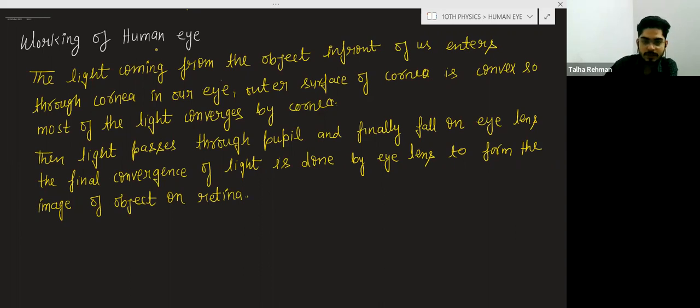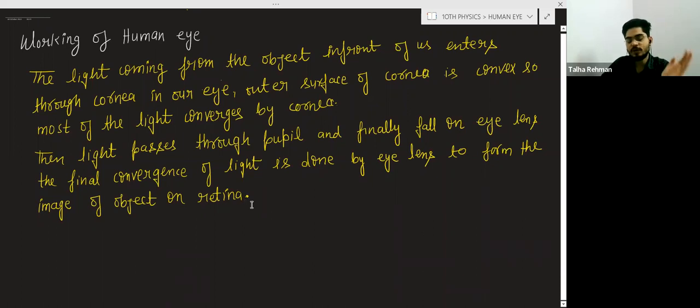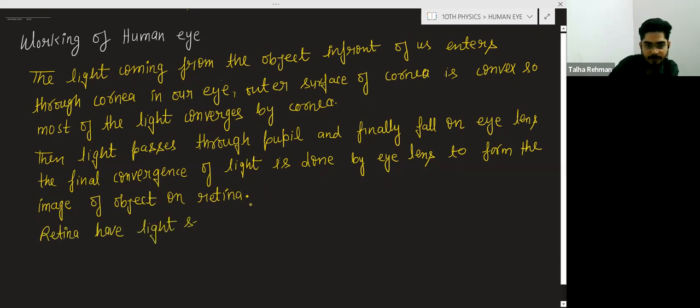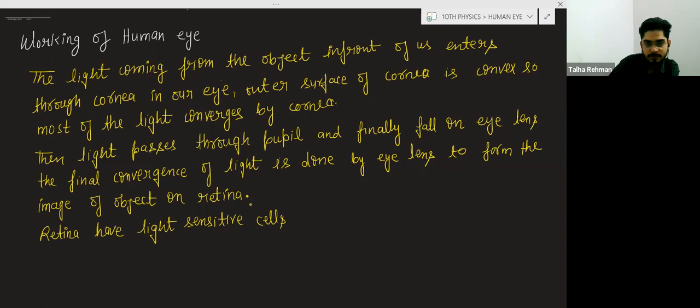Now, till here the image has formed on the retina. Now see what happens. The retina has light sensitive cells, that is rods and cones.